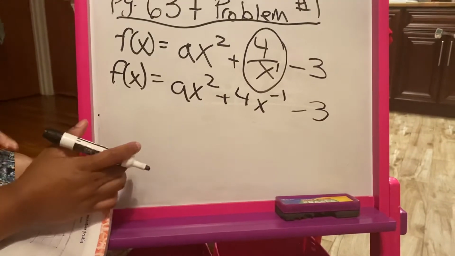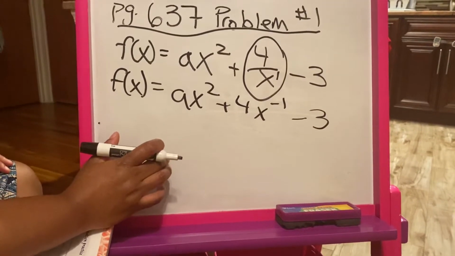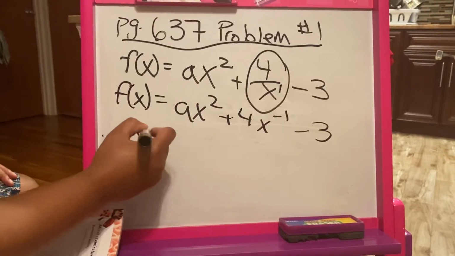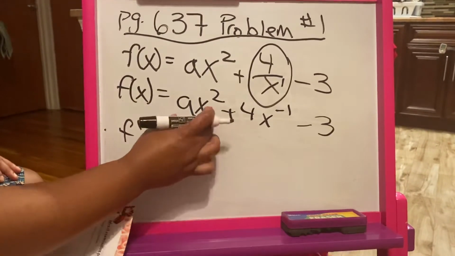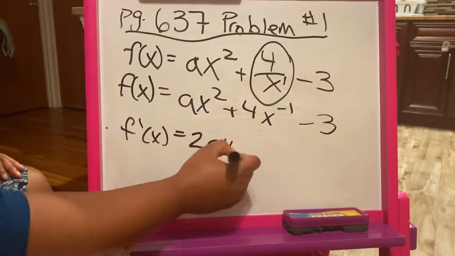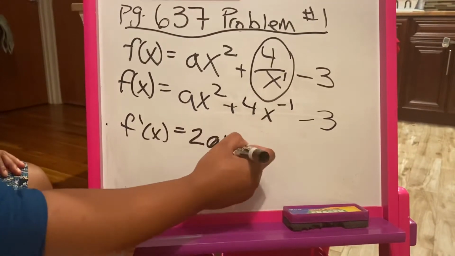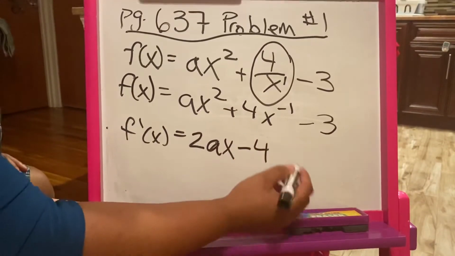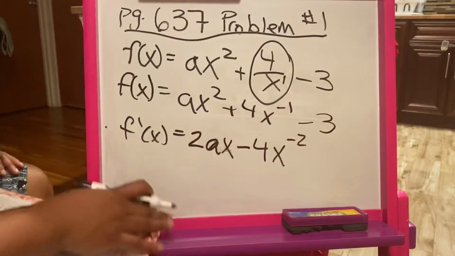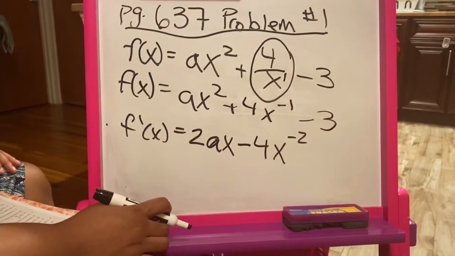Now, this allows us to do the derivative using the power rule. When we find the derivative, the first term becomes 2ax. The second term becomes negative 4x to the negative 2, and negative 3 disappears.